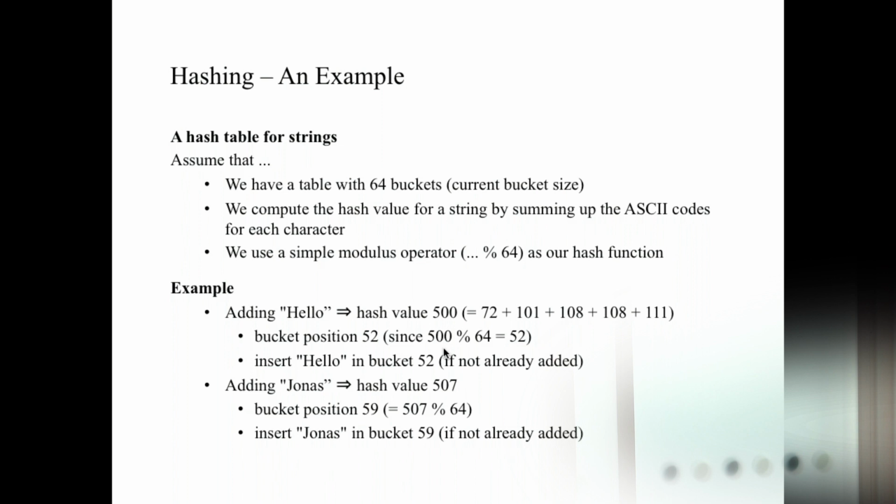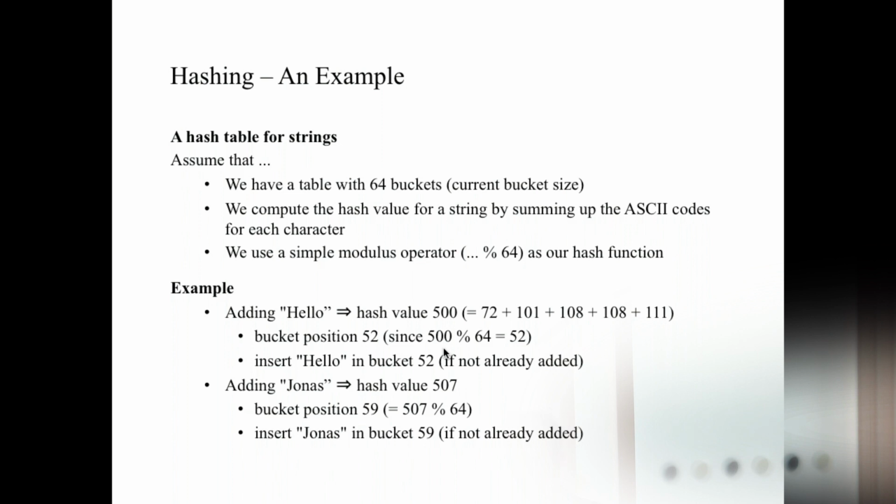It is okay if your hash function gives the same hash code value for two different input values. That is fine. But if your hash code gives you a different value for the same input, then it's a problem.